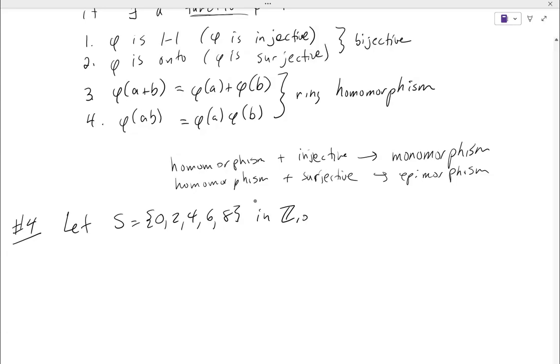We've already dealt with that ring before. We've seen that it is a subring of Z10. It's not too hard to see that it's a subring. Okay. And let's look at, let's say, is S isomorphic to Z5?